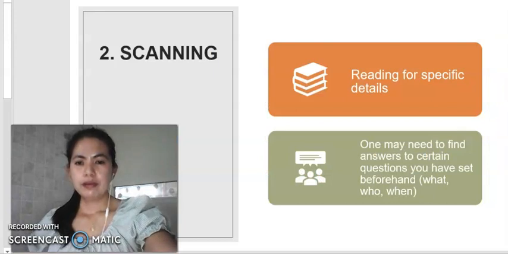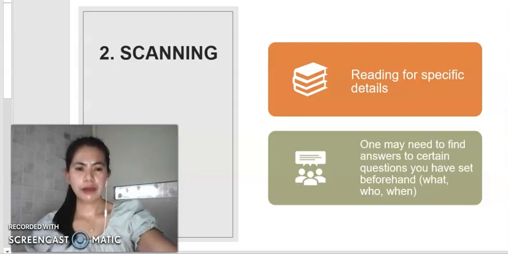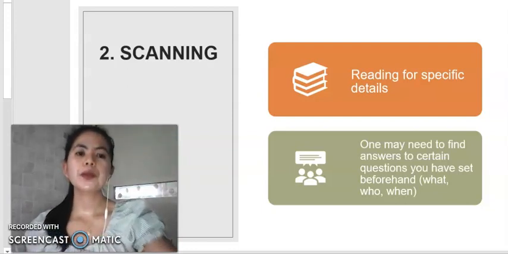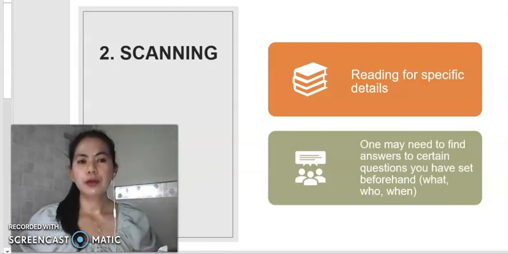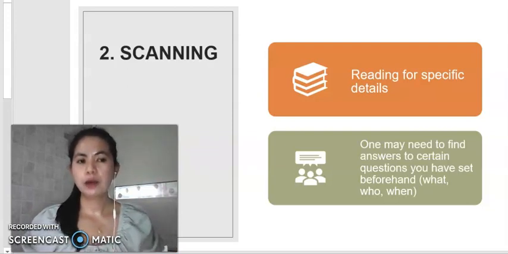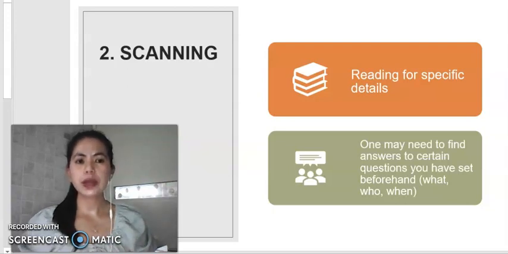Number two is scanning, reading for specific details. One may need to find answers to certain questions you have set beforehand, like what, who, and when. So you are going to read only the specific details without having to read an entire selection.